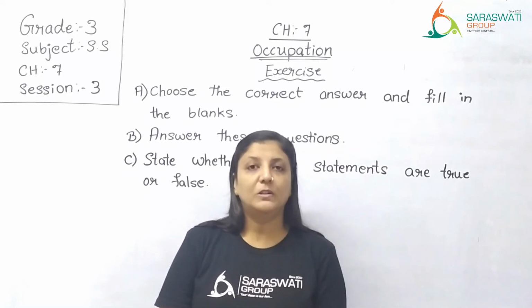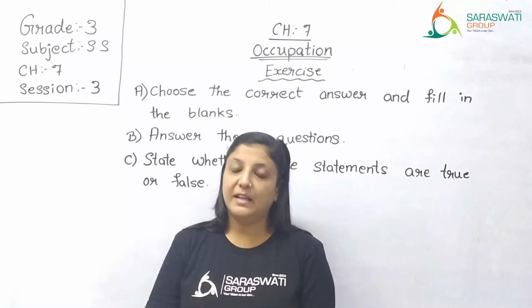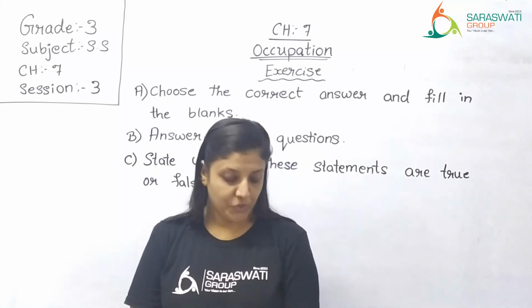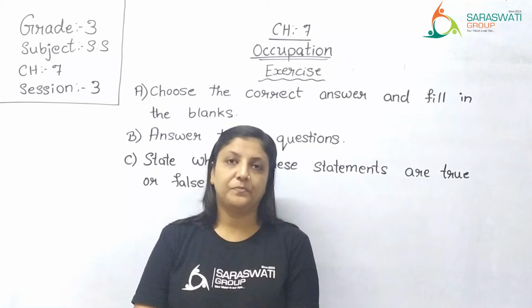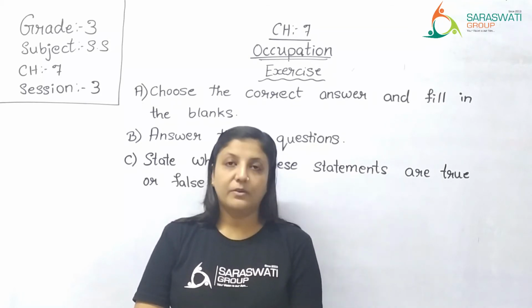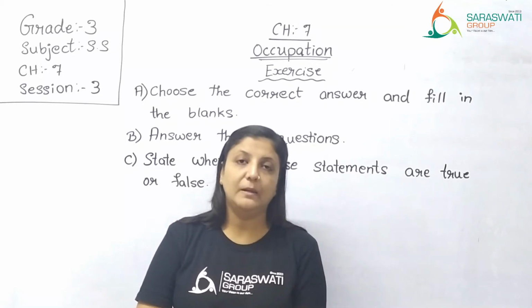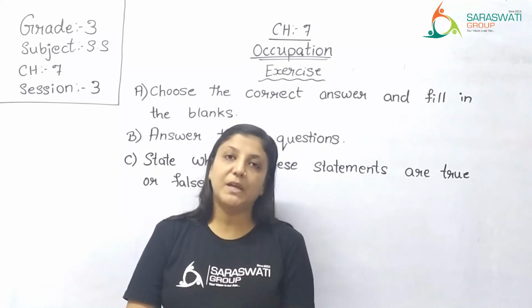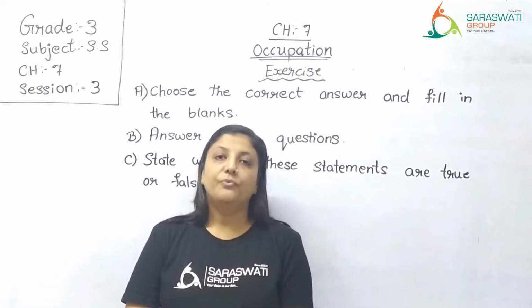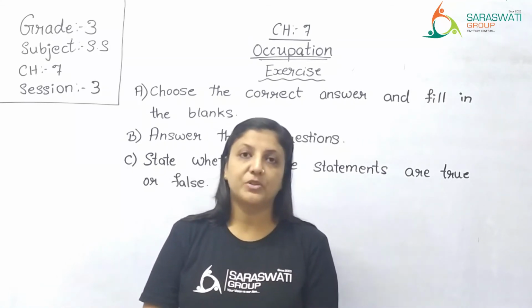Hope you have marked all the answers correctly. Let's check once again. First one, right answer is option A. Second one, right answer is option B. Third one, right answer is option B. Fourth one, right answer is option A.